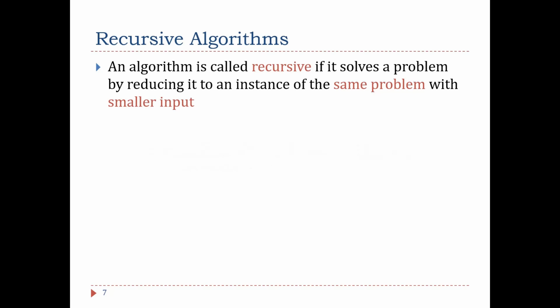An algorithm is called recursive if it solves a problem by reducing it to an instance of the same problem with a smaller input. So we can imagine a piece of code, a program or a function, let's call it rec, that takes in a certain problem P, and the pattern of such recursive functions would be something like the following.